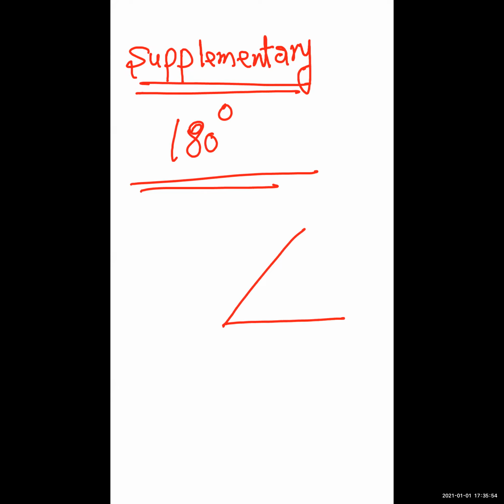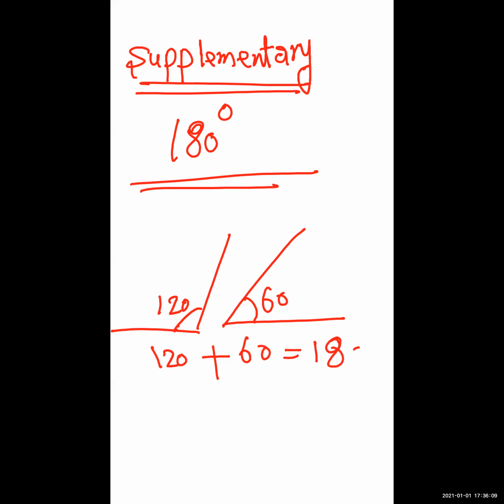If this one is 60 and this one is 120, for example, the summation of these two angles is 120 plus 60, which equals 180. So they are supplementary angles.